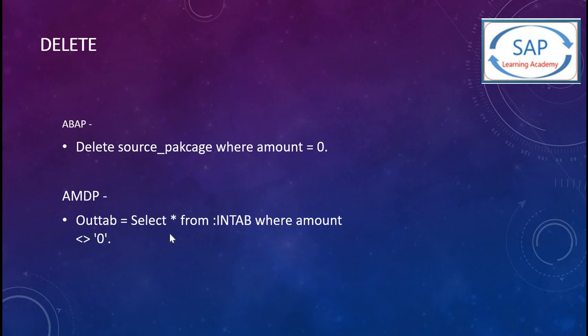So this means it will take all the data where amount is not equal to 0, whereas in ABAP it is deleting the data where the amount equal to 0. So that's the same thing we can write in ABAP and AMDP.